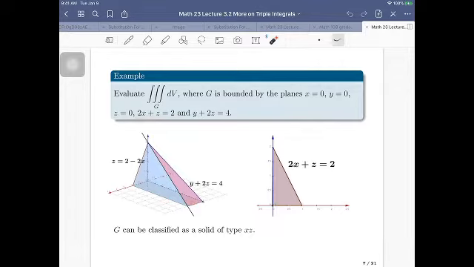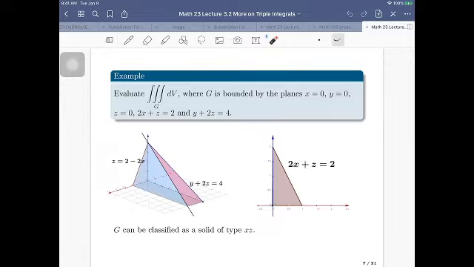That's why if you force this solid to be of type xy, then you have to subdivide the solid into two. And then use the additivity property of triple integrals, that the triple integral over this solid can be written as a sum of triple integrals over the two solids that you have after division.